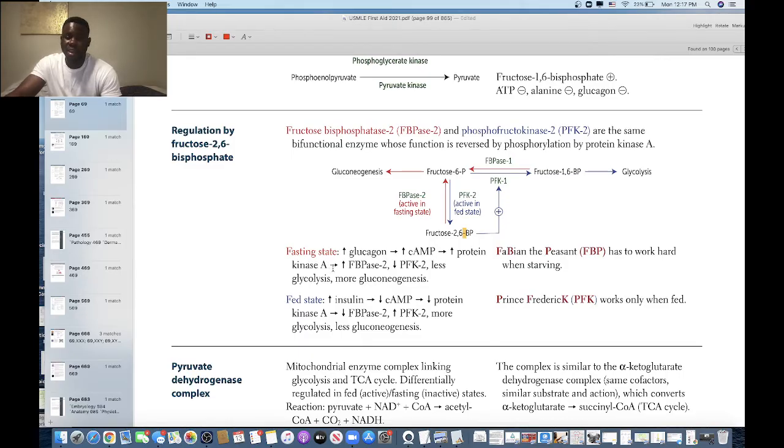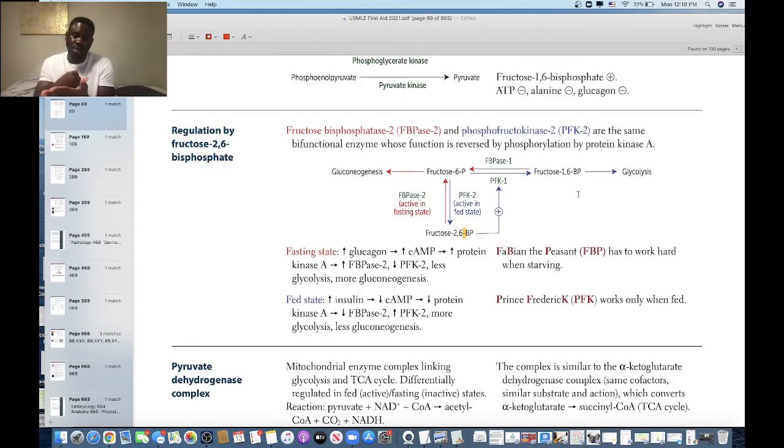Now, protein kinase A will lead to an increase in what? It's a kinase, so it adds phosphate. It increases FBPase, which is here, this one, and then it also decreases PFK2. So that means in the fasting state, we don't want to do a lot of glycolysis.